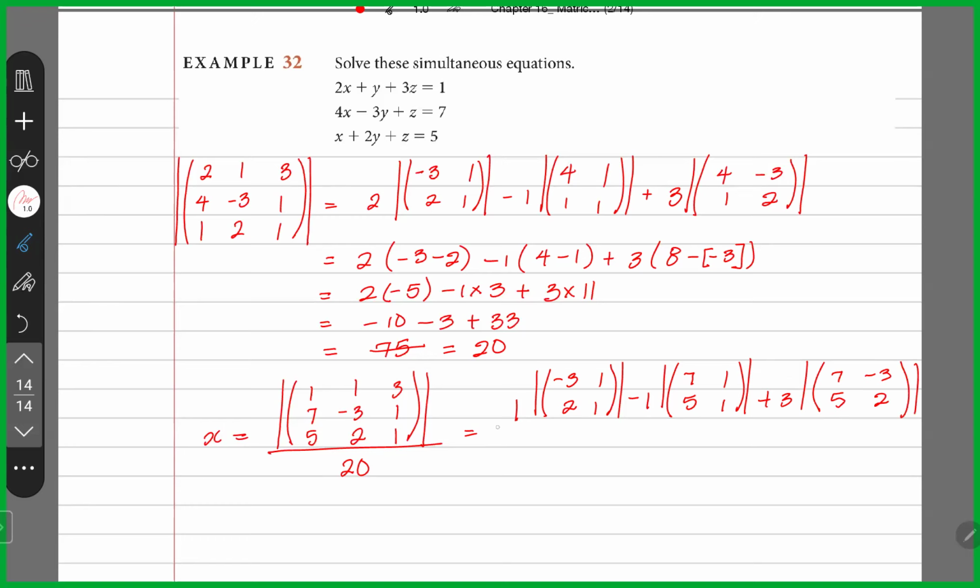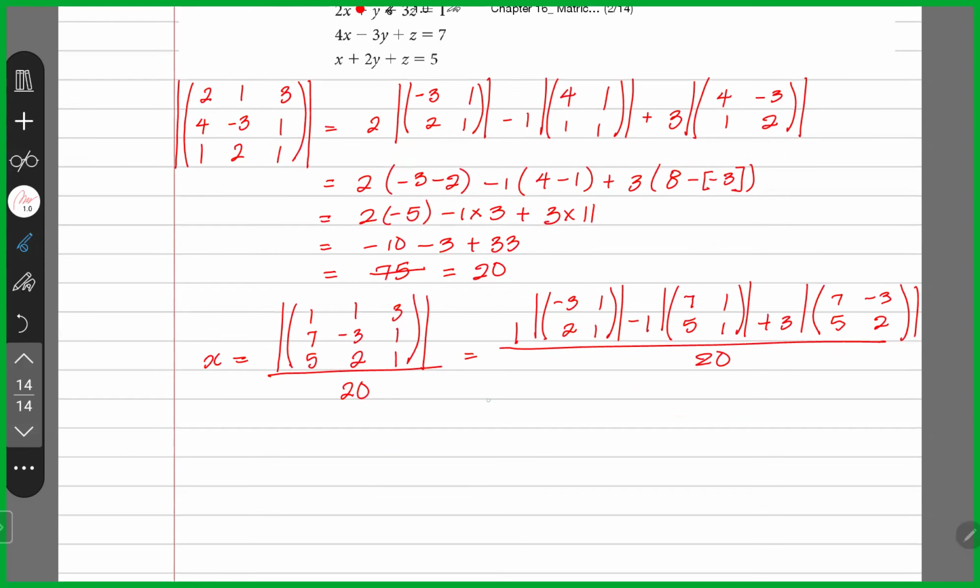And this is all over 20. So this becomes 1 times minus 3 minus 2, minus 1 times 7 minus 5, plus 3 times 14 plus minus 15, which is plus 15.